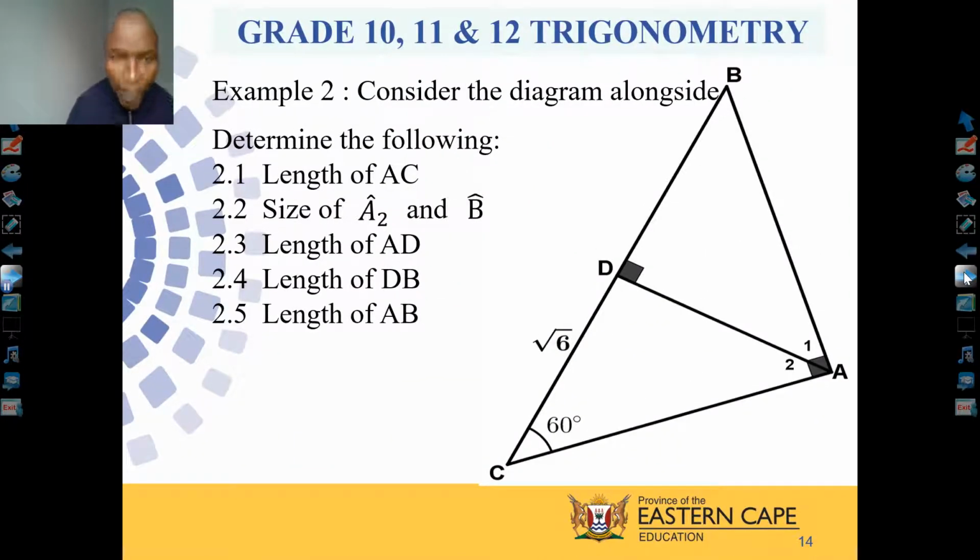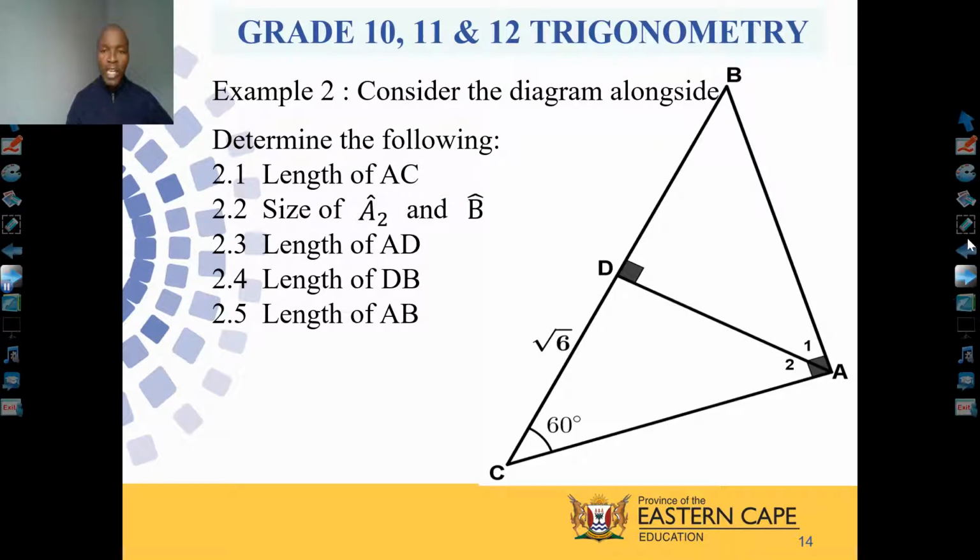Then I want you to take example number 2, which is what we are going to be talking about. As a second example, which I want us to take in order for us to understand better how to solve right-angled triangles. Remember, I said you can't run away from Euclidean geometry.